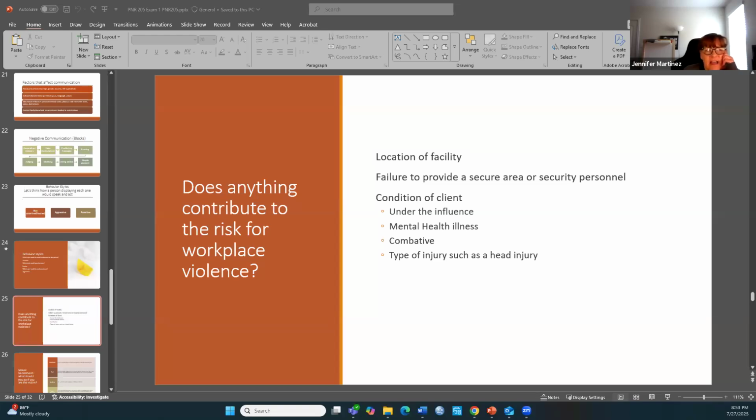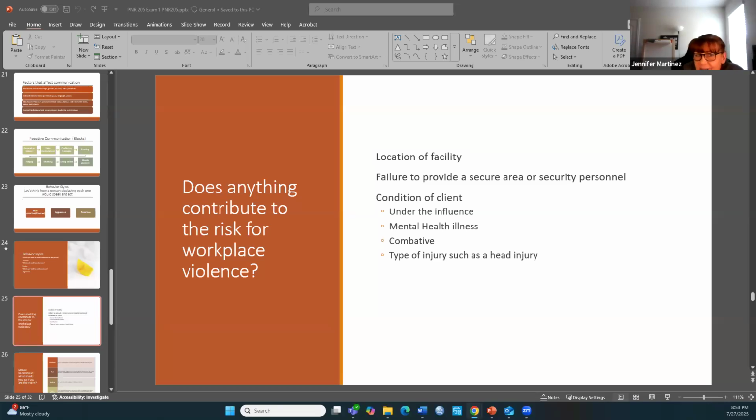Workplace violence. Unfortunately, in healthcare, we are not immune from workplace violence, which is sad considering the job that we have to do, right? We are still at risk. Things that contribute to the risk: the location of the city or the facility.